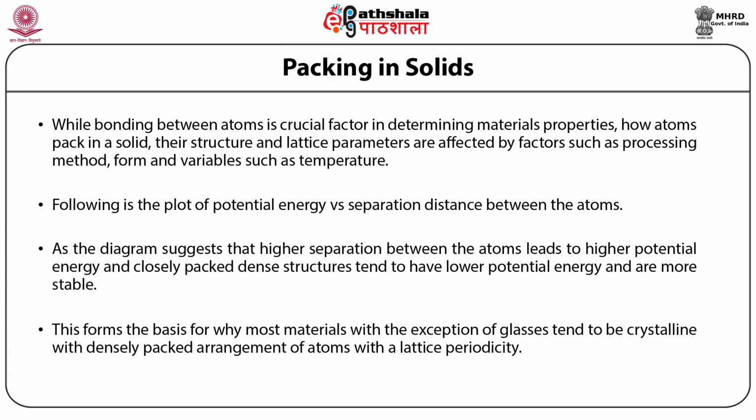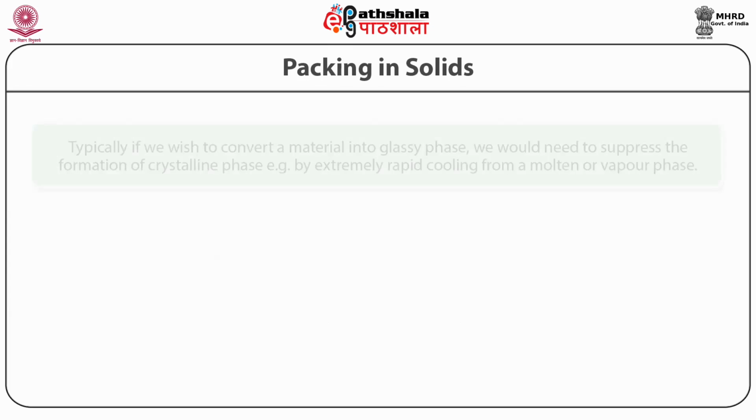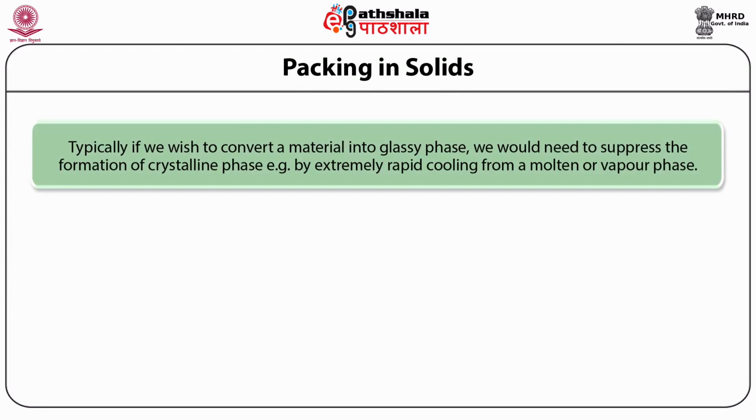Since glasses have higher potential energy, they are metastable materials. Typically, if we wish to convert a material into a glassy phase, we would need to suppress the formation of the crystalline phase, for example, by extremely rapid cooling from a molten or vapor phase.